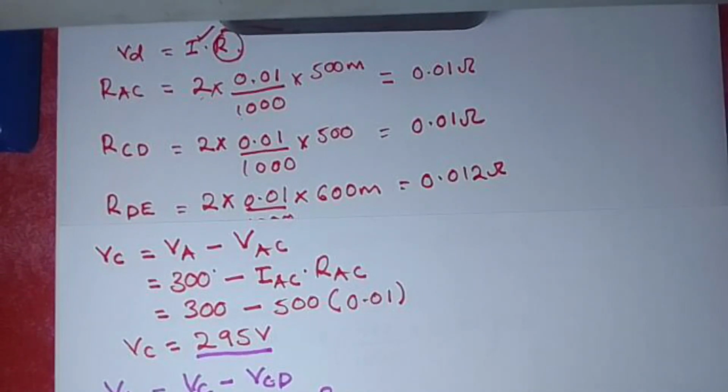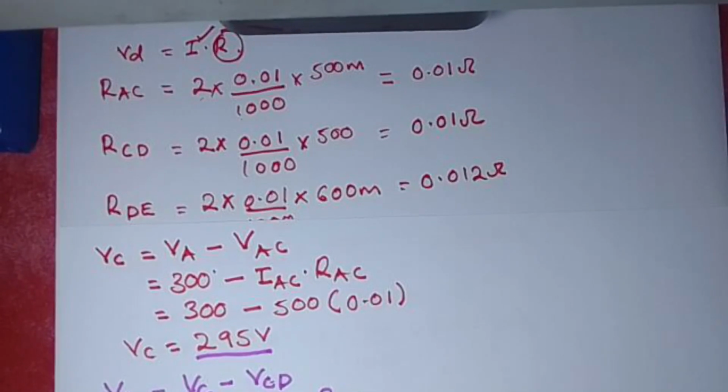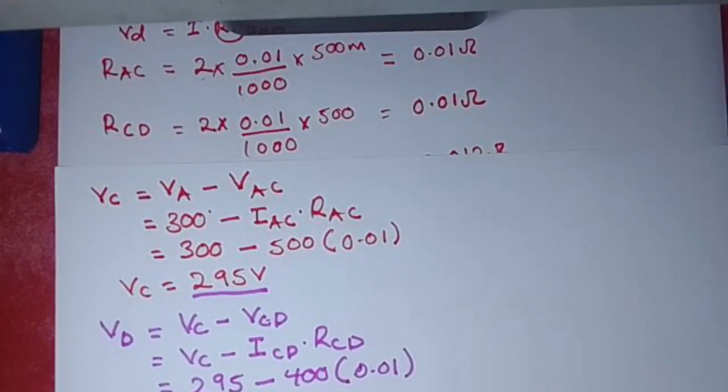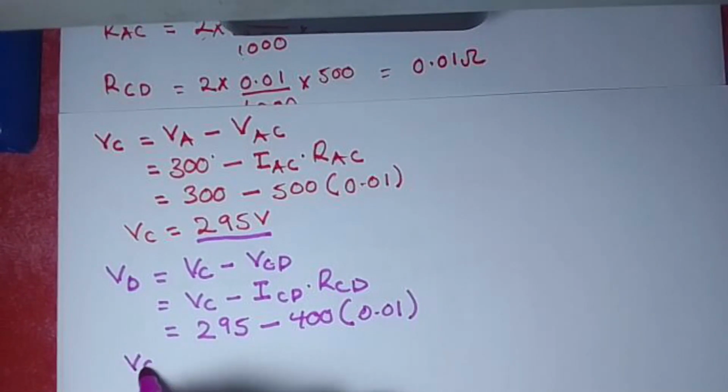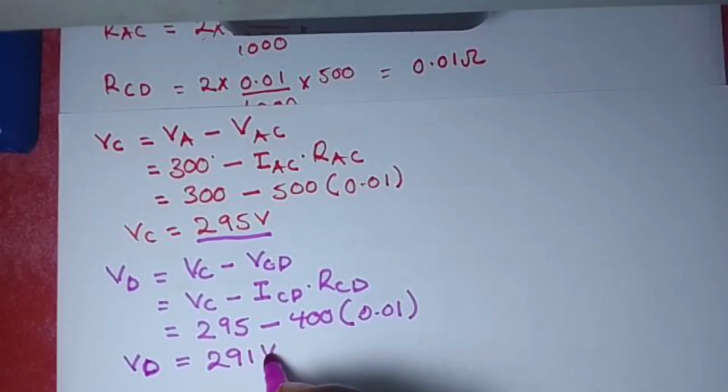So putting that also into the calculator, we have 295 minus 400 into 0.01. So that is giving me a voltage of 291 volts. So my voltage at point D is going to be equal to 291 volts.